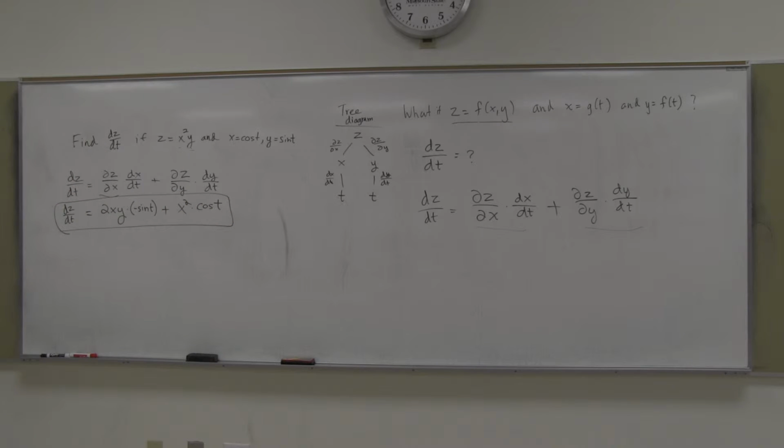If we wanted to, we could put it in terms of fully t, because x is cosine t, y is sine t, so I could replace those by that t expression, but I don't think the book makes you go to that length. You can just leave it here, just realize this really is in terms of all t, because if you plug in the x and the y to be those expressions in t, you can get it all in t. But that's what you gotta do, just kind of go through each part.